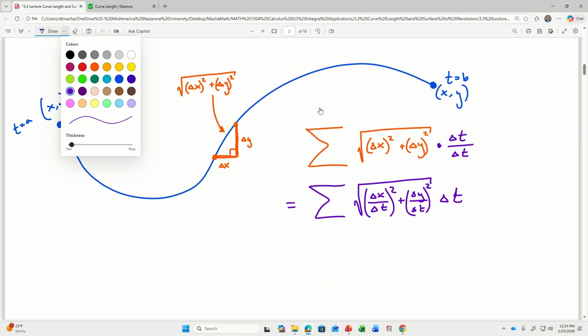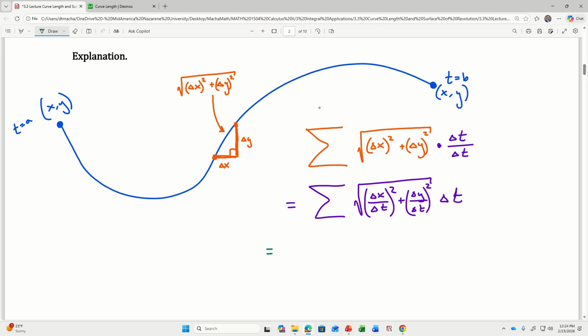And if I want to make this approximation exact, what I should do is take the limit as the number of these line segments approaches infinity. And as the number of these line segments approaches infinity, the t variable is, of course, bound between a lower bound and an upper bound.